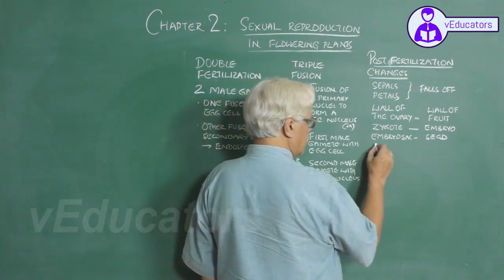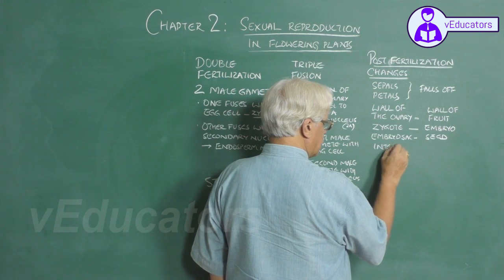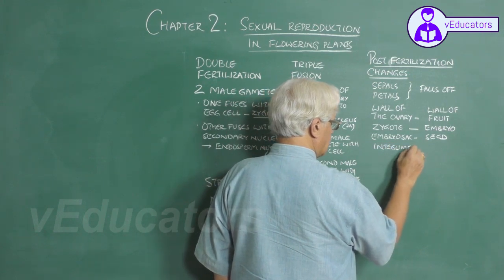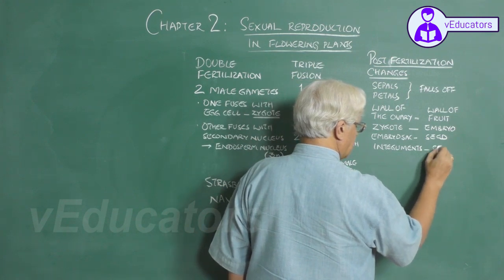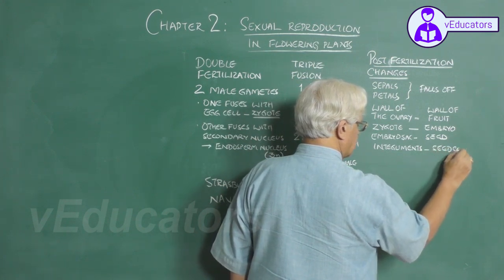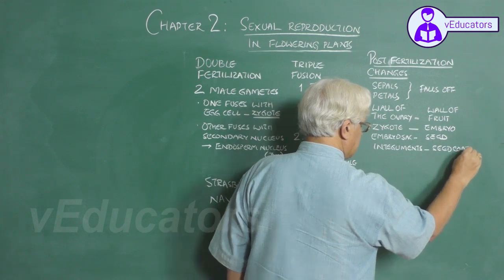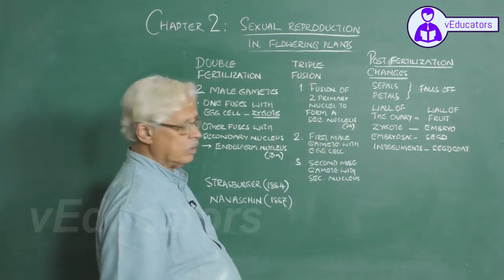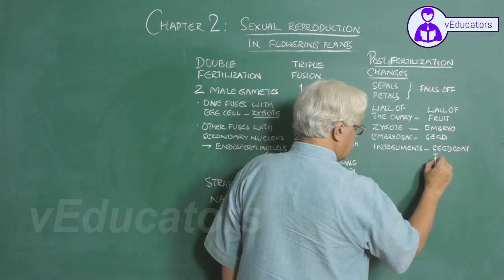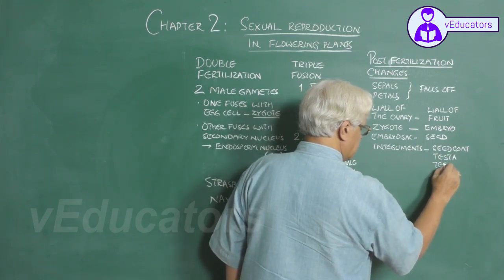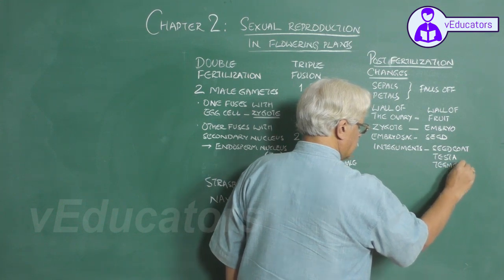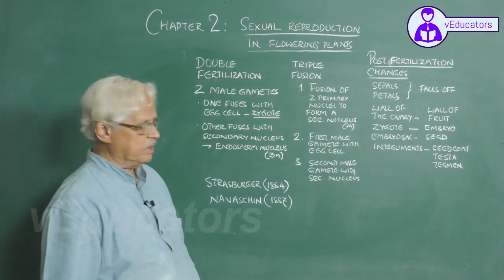The integuments become the seed coat. There is an outer seed coat called testa, inner seed coat called tegmen.